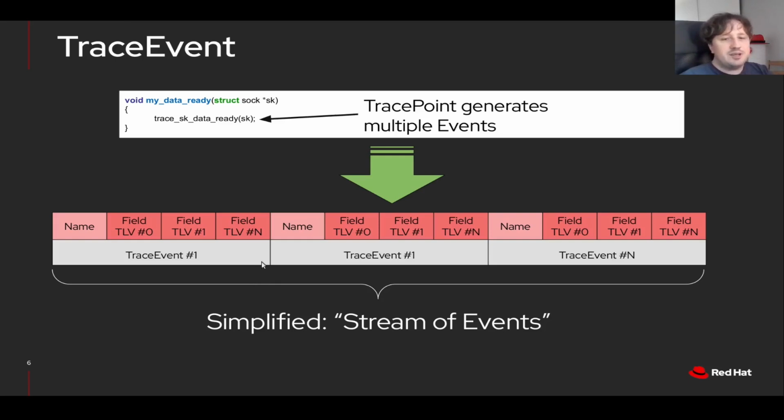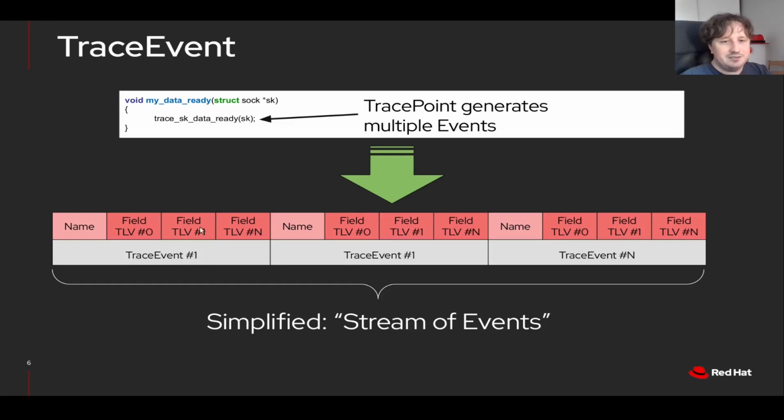I'm not going into a lot of detail on how the raw format of the trace event looks, but in a very abstract way, it has a name, like sk_data_ready, and then it has a lot of TLV fields like the family and the protocol that we saw earlier.